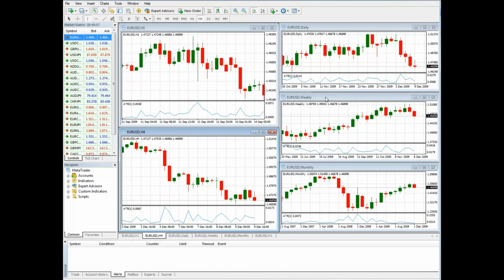We've looked at a number of different things here. We've looked at how to actually place orders. We've looked at controlling our risk, which is quite naturally of paramount importance. We've looked at lots of things here. So we've covered the basics of what you need to trade successfully.